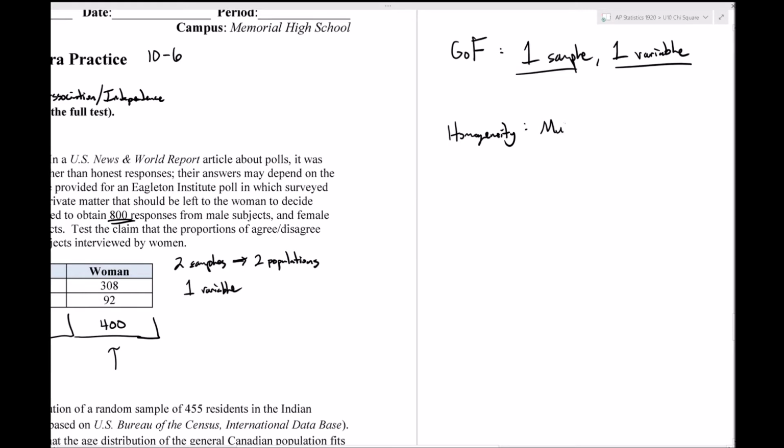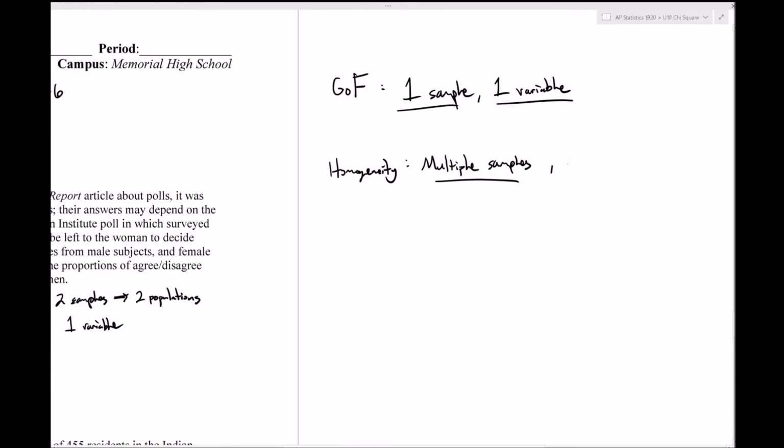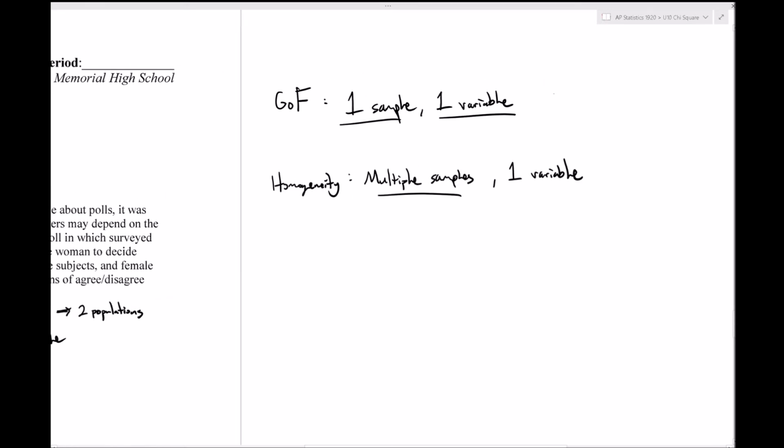Multiple samples, not just two, more than two even. One variable. So that way the data is two-dimensional. This is one-dimensional data because it's one variable, one sample. This is two-dimensional data. And the two dimensions are the single variable, which varies by category, so there are certain categories for the one variable, and then the other dimension varies by the sample we're talking about.